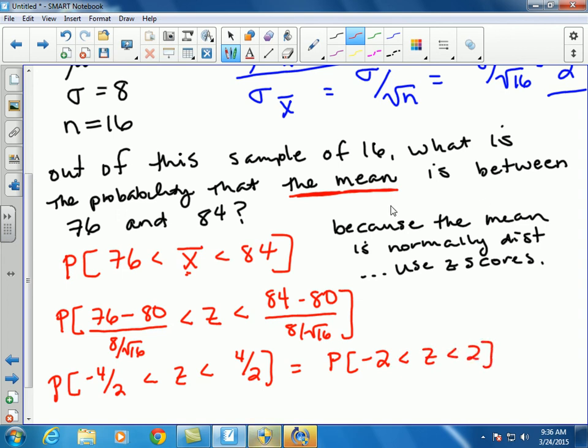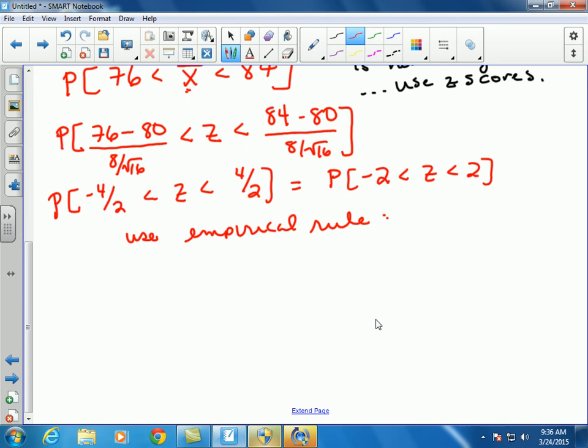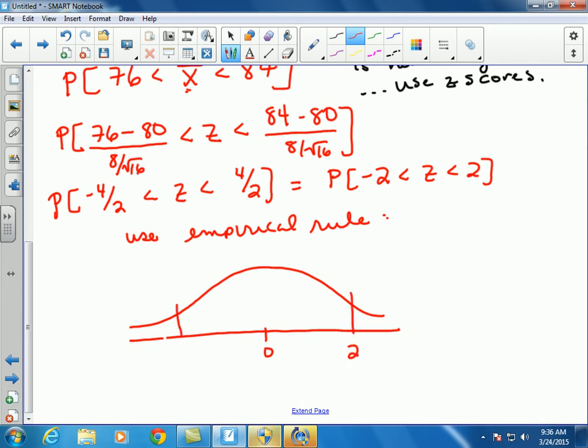And we know that by using the empirical rule, that what that means is, if this is 0 and this is 2 and this is -2, I want this probability in here, and we know that that probability in there is 95%.